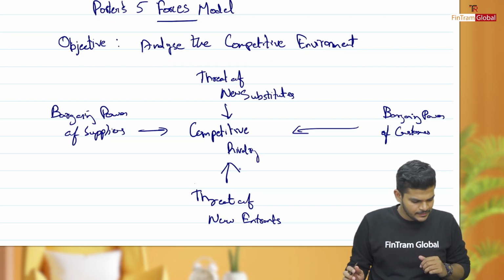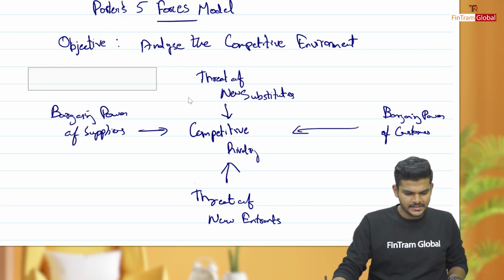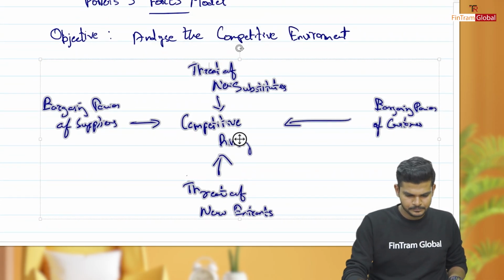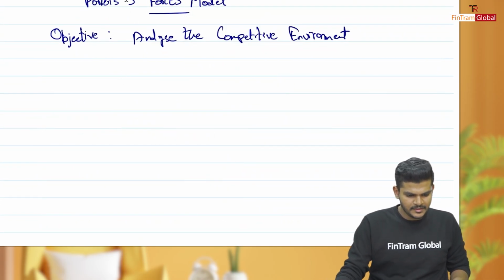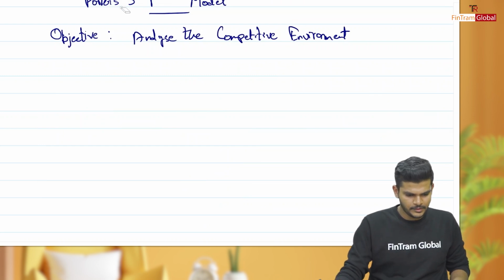So remember this, right? And there's also another model provided by Porter himself. So what was that particular model again? It is basically Porter's diamond, isn't it? I'll just write it down for you. Porter's diamond.